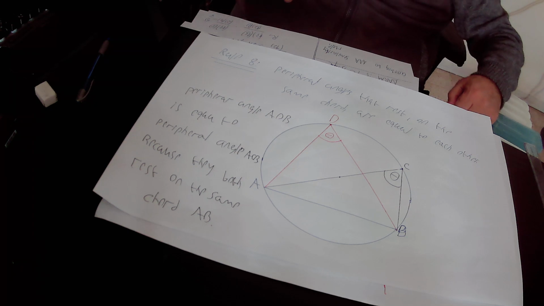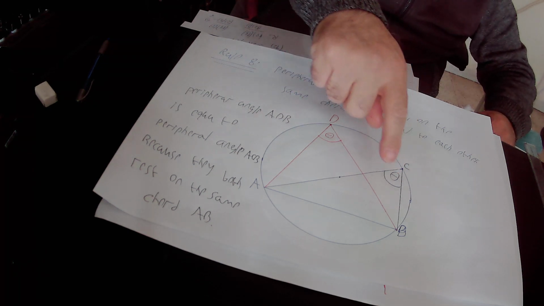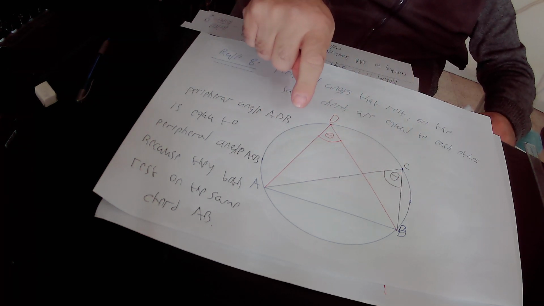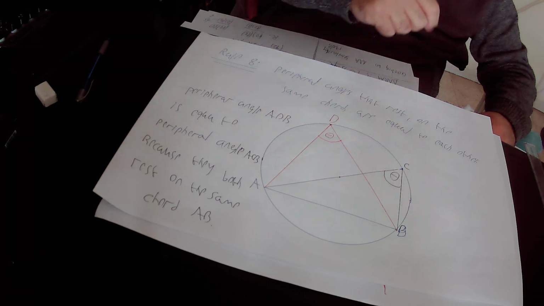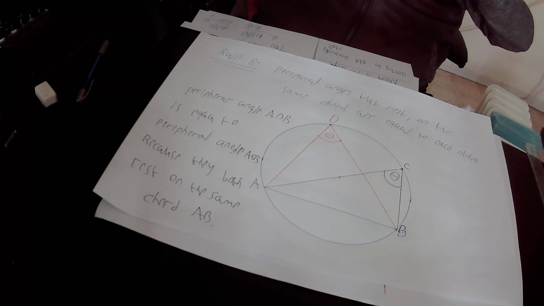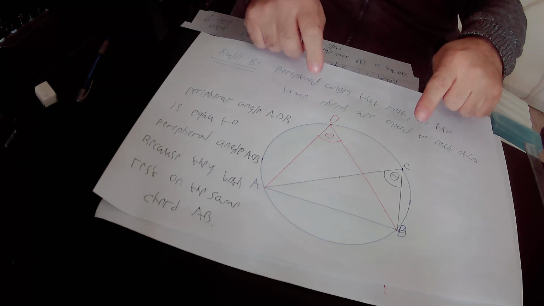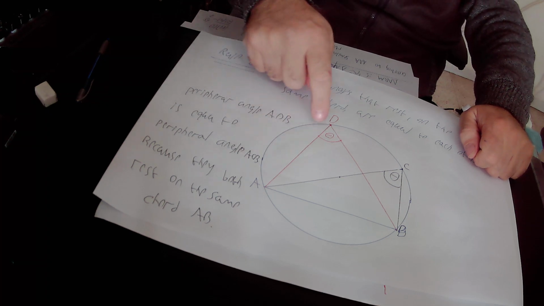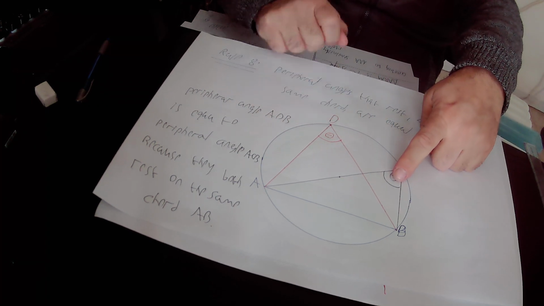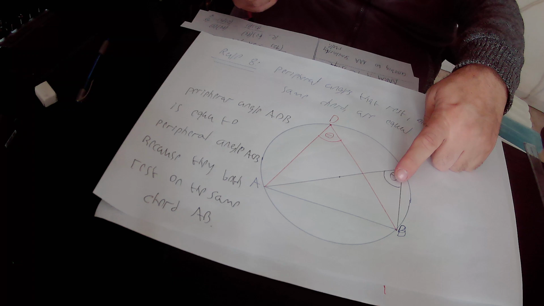We have here peripheral angle ADB that rests on chord AB, and we also have another peripheral angle ACB that rests on the same chord AB. So whenever you have two peripheral angles that rest on the same chord, then they must be equal to each other. So if peripheral angle ADB equals theta, then the other peripheral angle ACB must also equal theta.